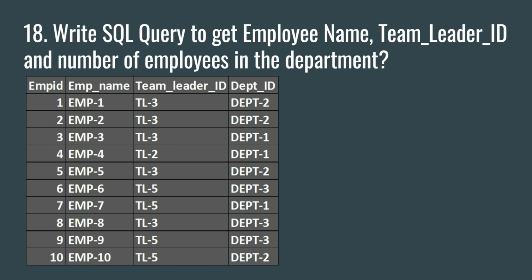So there are 6 different employees in department 2, where 4 are normal employees and 2 are team leaders. This is the way the interviewer will tweak the question a little, and you have to think on your feet about what exactly the question is saying and how you can get the answer. So in this scenario you have to put department 2 has 6 employees, with 2 team leaders and 4 normal employees. Let's go to our SQL workbench and write the query for this.